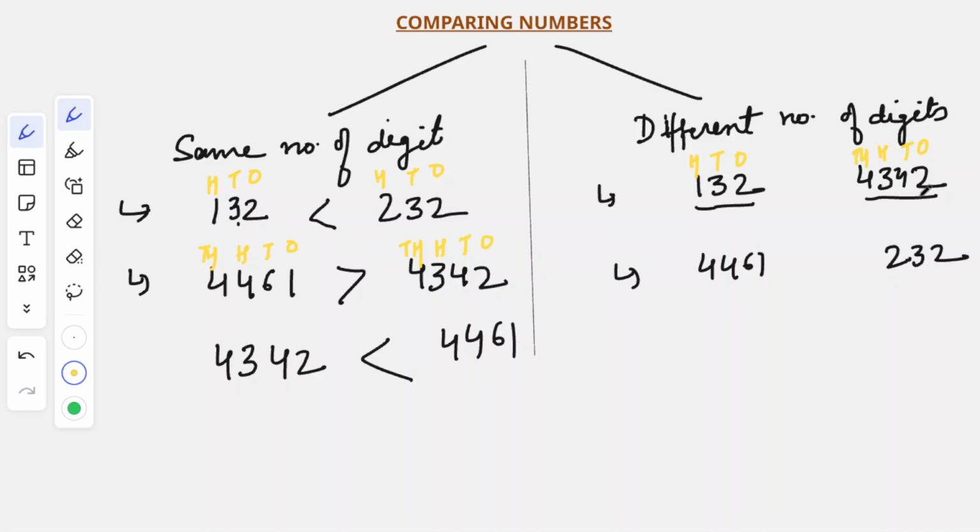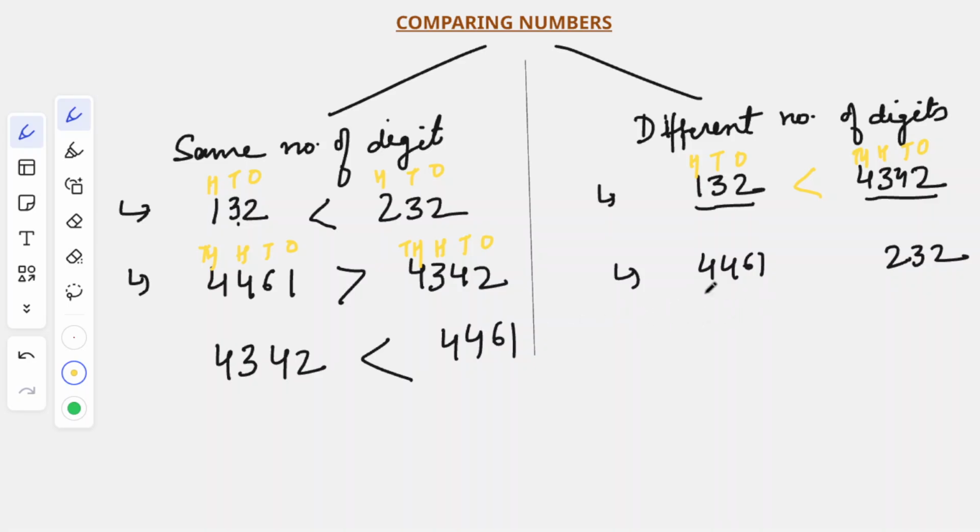So the number which has more number of digits will be the greater number, always. Okay? No need to do extra calculation, extra comparison, nothing. Always remember, when you are comparing the numbers with different number of digits, whichever number has more digits will always be greater than the number which has fewer digits.